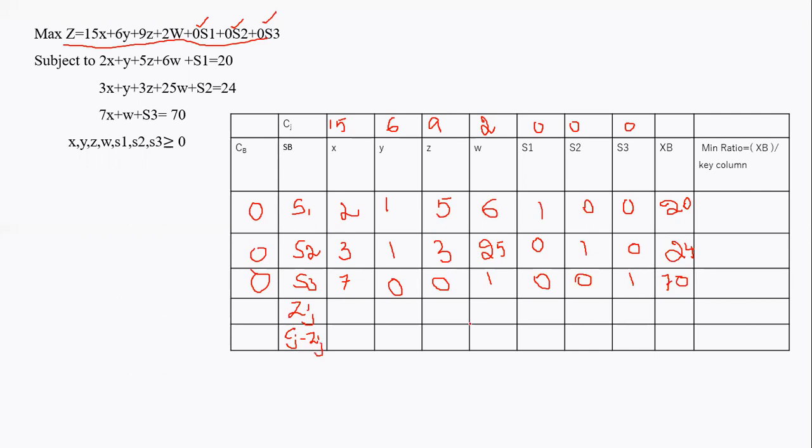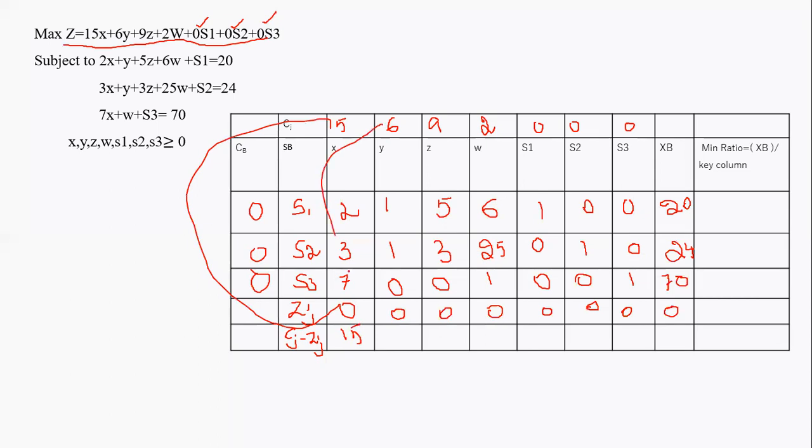In the initial matrix, all these values you are multiplying with 0. So your Zj will be 0, because you are multiplying the whole matrix with the 0 values. Therefore, it will be zeros. Coming to Cj minus Zj: here 15 is your Cj and Zj is 0, therefore 15 minus 0 is 15.